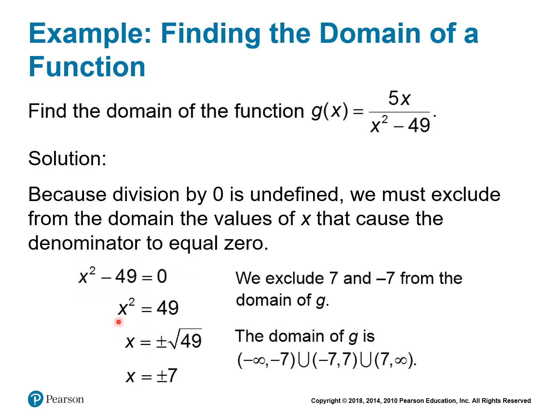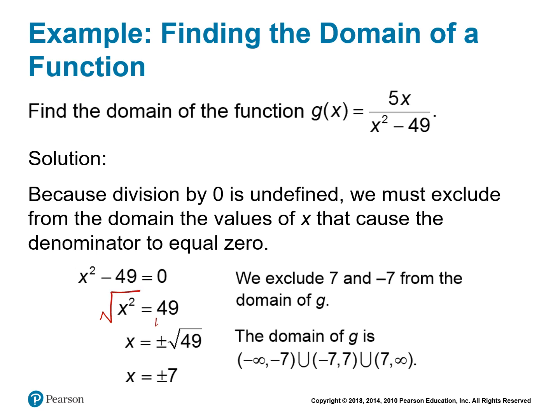You can do the solving in different ways. You can factor x squared minus 49 and make each factor equal to 0, and then use the zero factor property to find values of x. But the way they've done it here is they've moved the minus 49 over to the other side, and we have x squared equals positive 49, and then they've taken the square root of both sides to get rid of the square on the x.